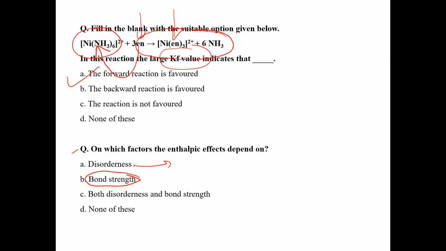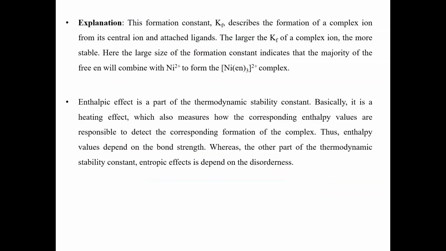If you have the bonds L1 and L2, the enthalpic values for these two individual bonds will be different. If there is a release of higher energy, the complex is more stable, so enthalpic effects depend upon the bond strength. The same thing is written here.